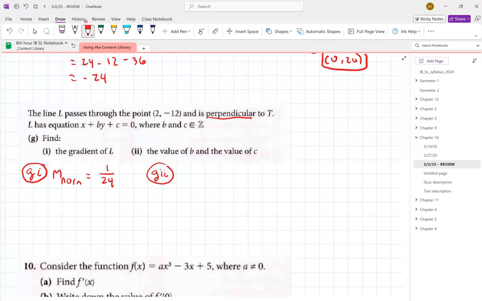So here I just need to write this equation. I'll start with a point slope equation. I'll multiply both sides by 24.